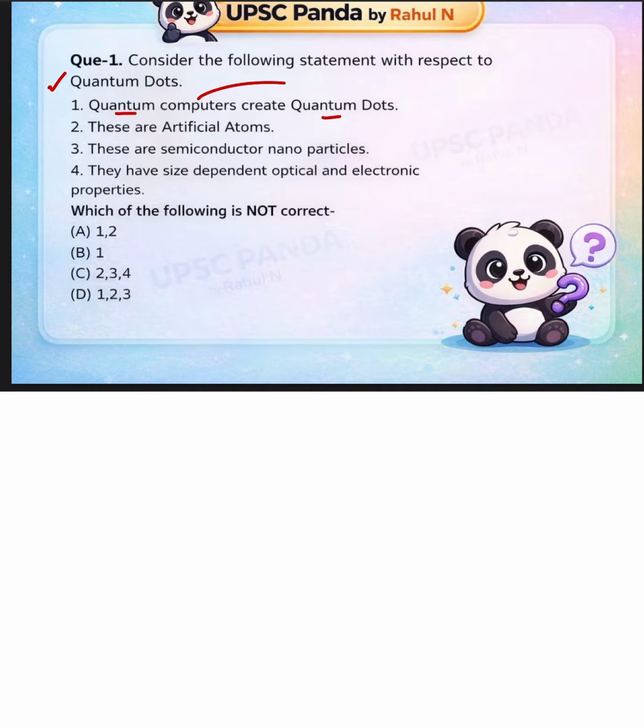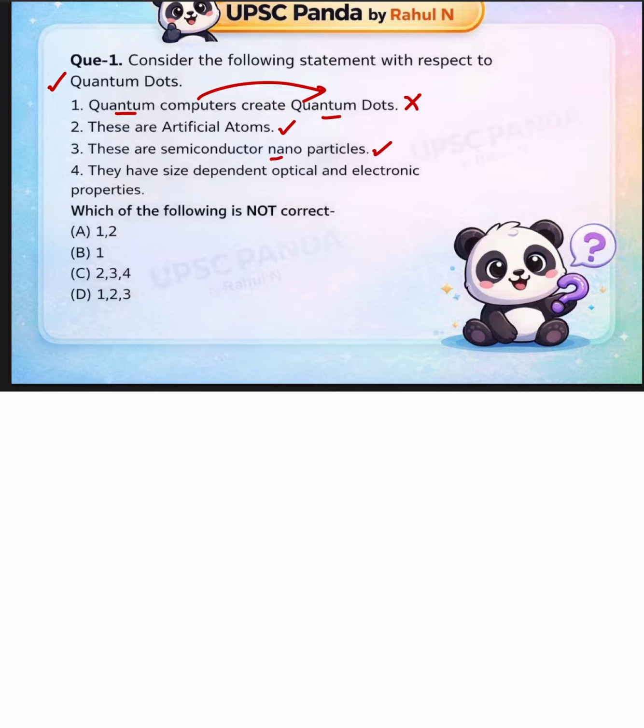How can computers create dots? Computer is for doing calculation. They calculate, they do some processing. How will it make quantum dots? So this statement is absurd, and with the basic understanding of computers, you can quietly understand that the statement is wrong. And second, it says these are artificial atoms. Yes. These are semiconductor nanoparticles. Yes.